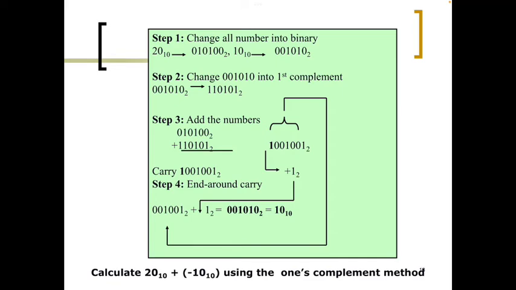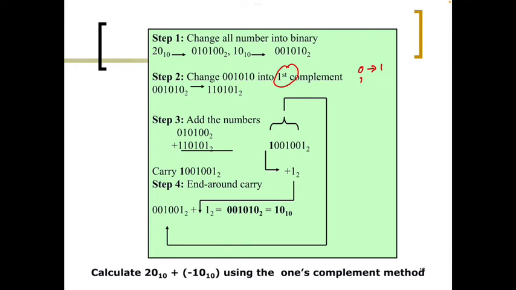Then as you can see here, we need to change 1 0 1 0, which is 10, into its one's complement. One's complement, how? Every 1 to 0 and every 0 to 1.